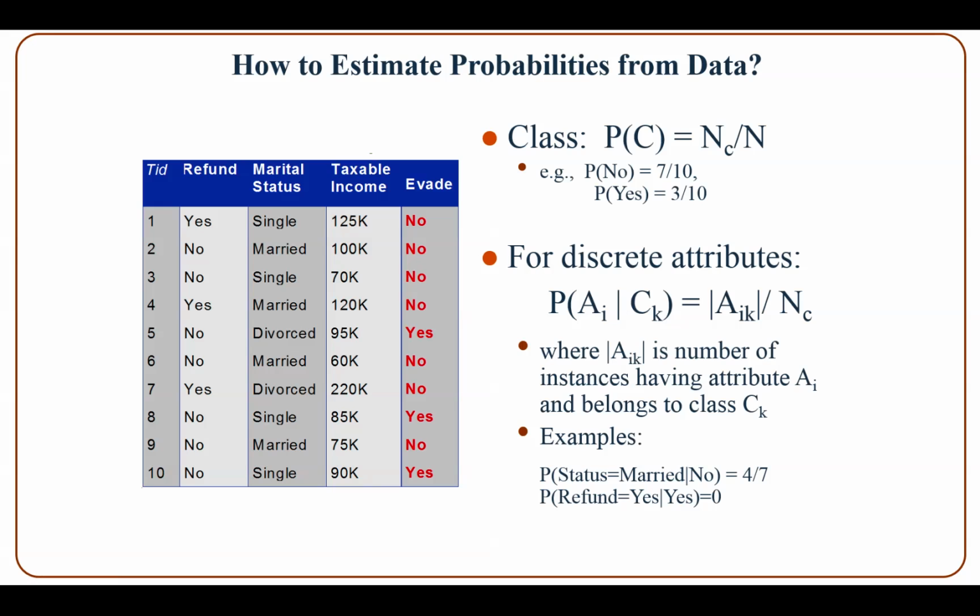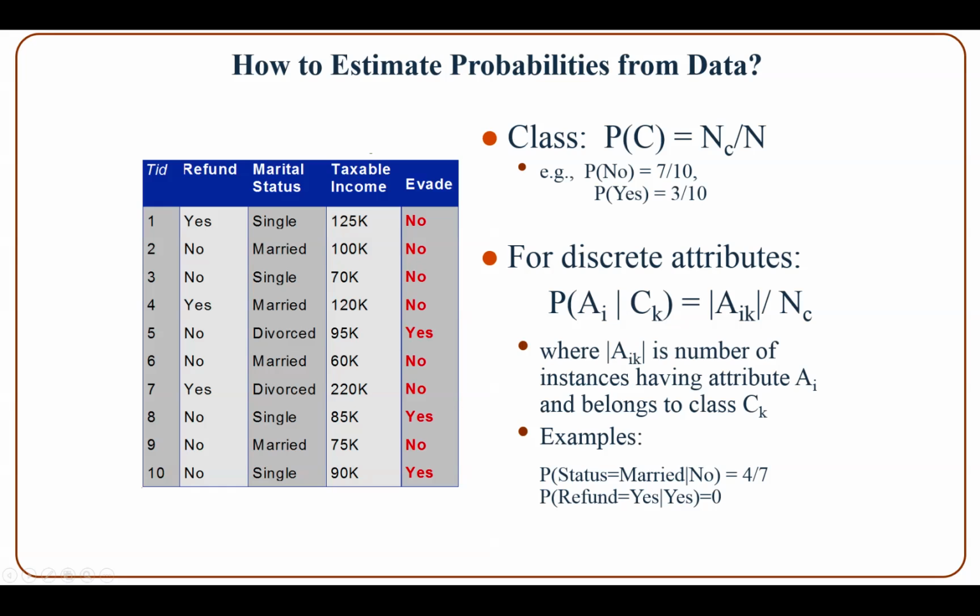For discrete attributes, we can compute the probability of the attribute Ai given the class Ck by the number of instances having the attribute Ai that belong to class Ck, divided by the total number of instances that belong to class Ck.